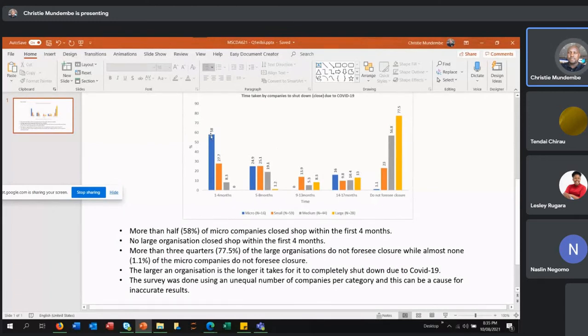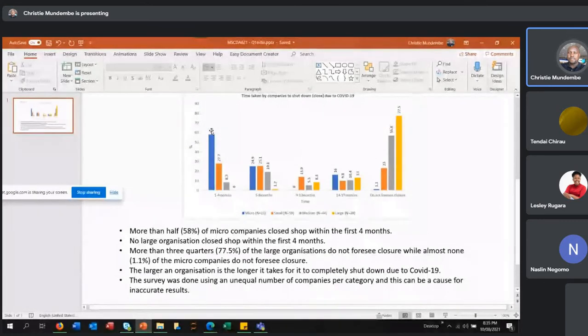Like if you check the first 1 to 4 months, the blue bar is the micro companies, then the second one is small companies, then medium. Actually, more than half of the micro companies, 50%, closed shop within the first 4 months.